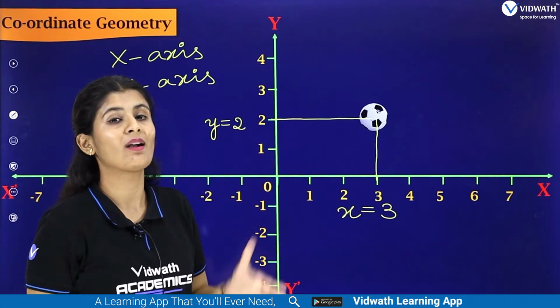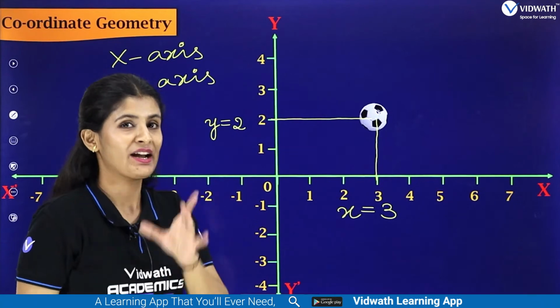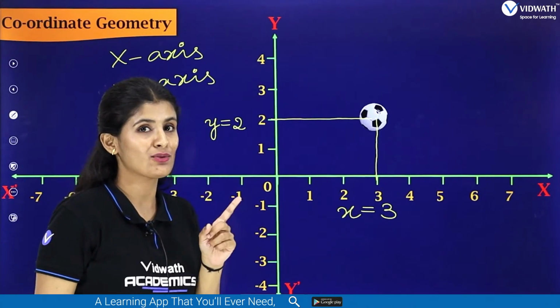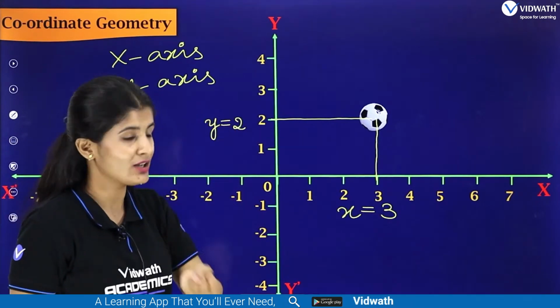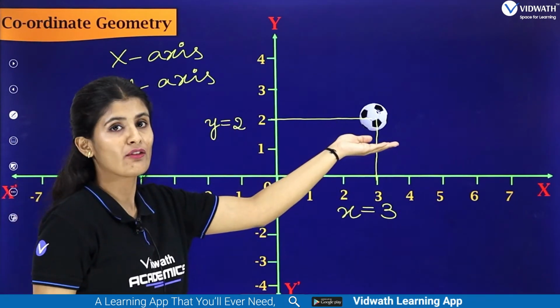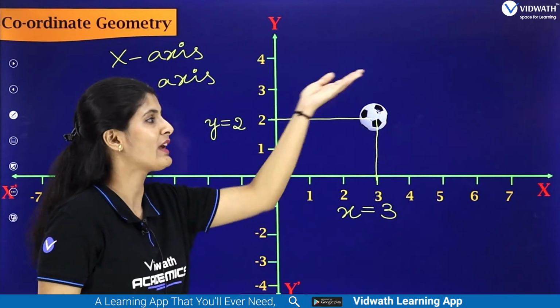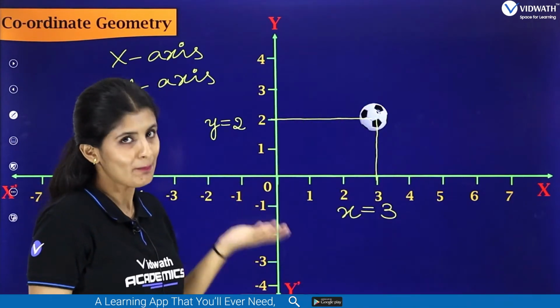These points are called coordinates. Now do you get why I made use of the prefix co? These 2 points are coming together to give us the location of the ball or the location of any point in general on a plane.